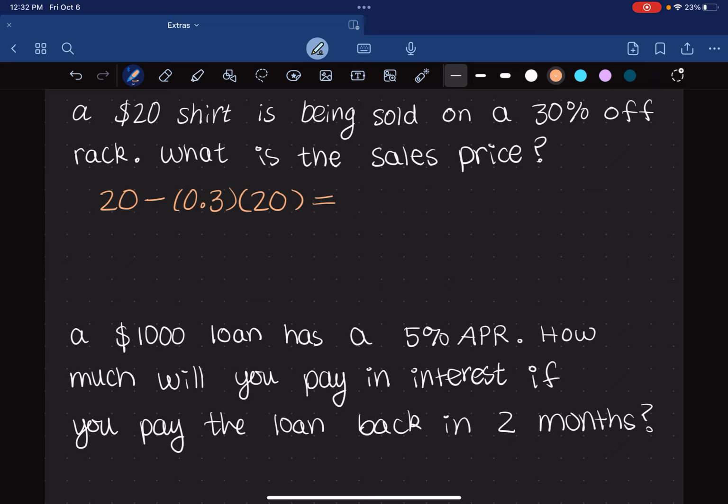And this is going to be equal to our sales price. So we end up having 20 minus 6. And this ends up giving us $14 is going to be our sales price.